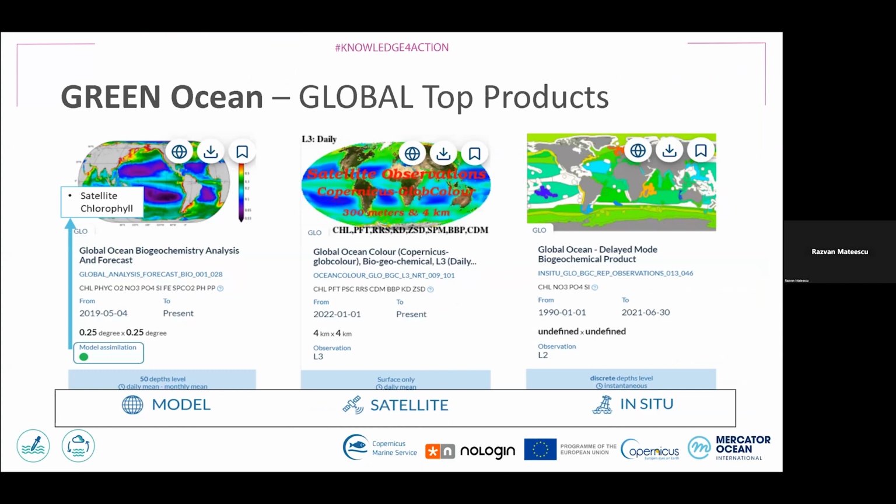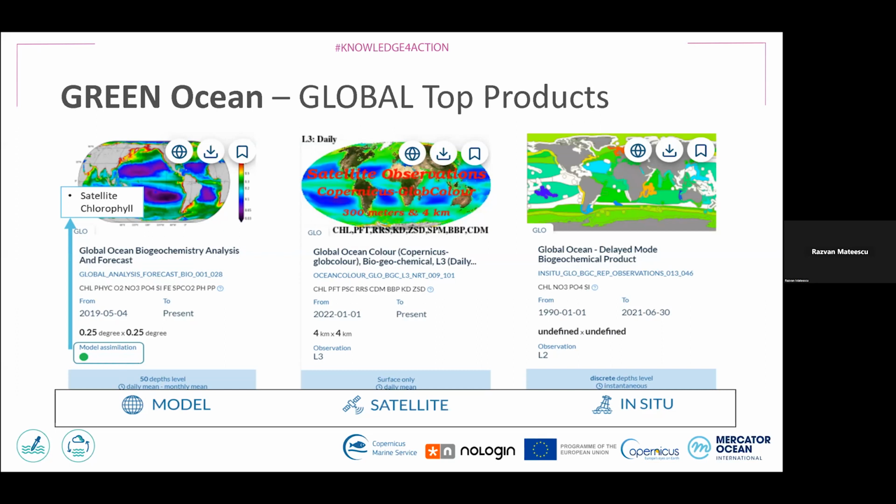So for green ocean, top products you may find for global ocean, the global ocean chemistry analysis and forecasts with resolution of 0.25 degree times 0.25 degree with model assimilation and data starting from 2019.